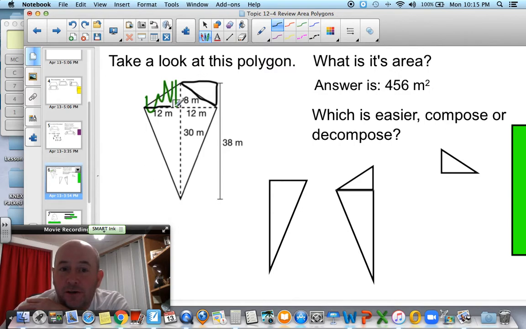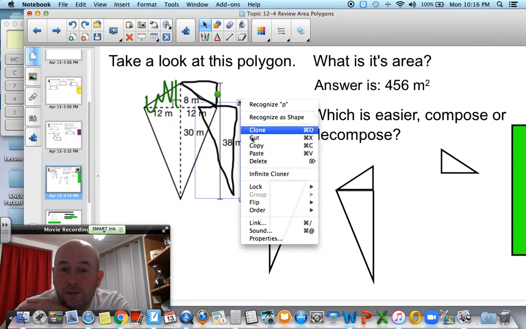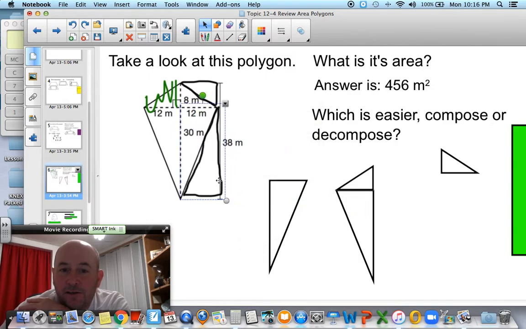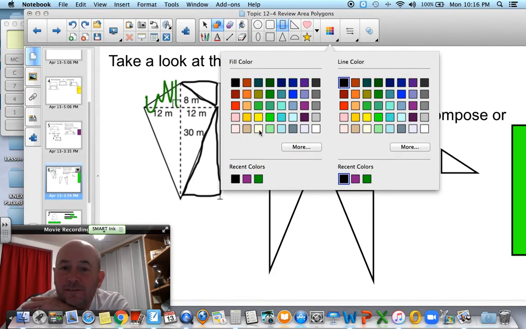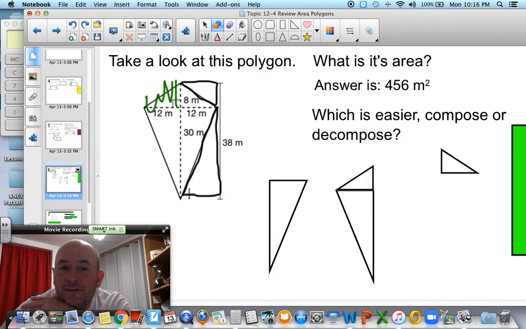So I'm going to try and draw it very carefully. Bring it on up like so, and I'm going to bring it over here, and then I'm going to flip it up and down, and I'm going to park it in there. Now, it's not the best drawing in the world, but what you can see now is that we actually have a rectangle formed from our kite.